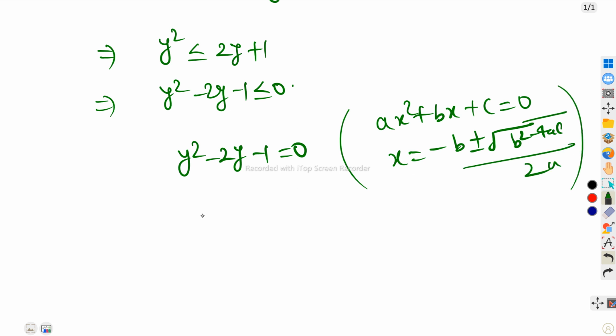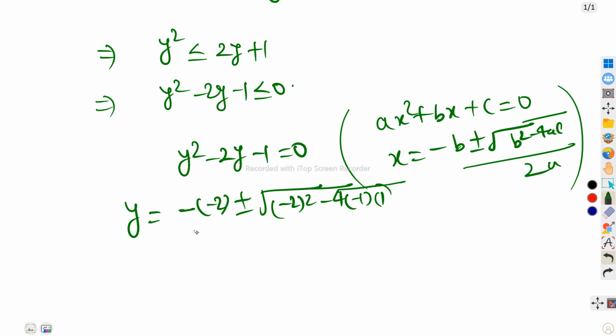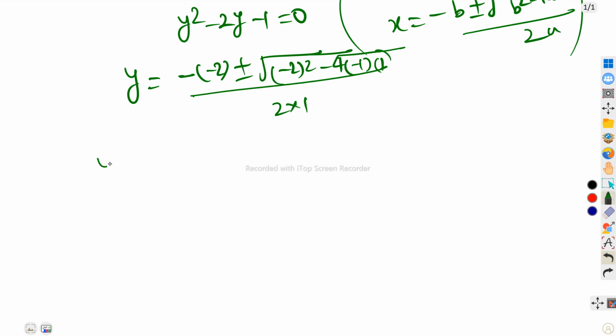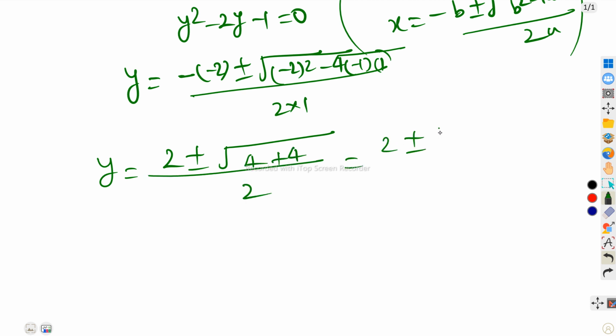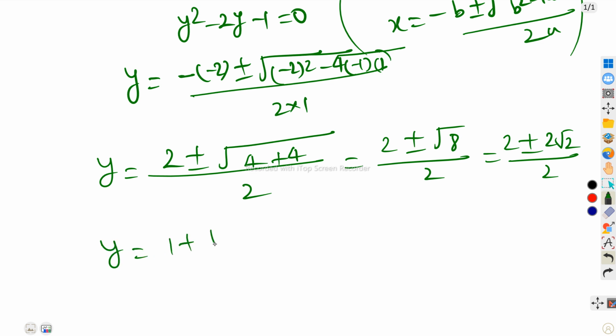Using this formula, the roots are 2 plus or minus square root of 4 plus 4, upon 2, which is 2 plus or minus square root 8 upon 2, that is 2 plus or minus 2 root 2 upon 2, so y equals 1 plus square root 2 and 1 minus square root 2.